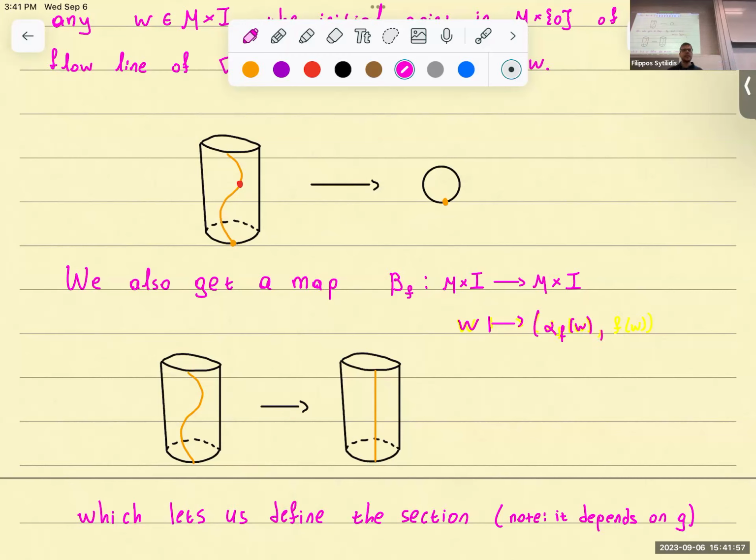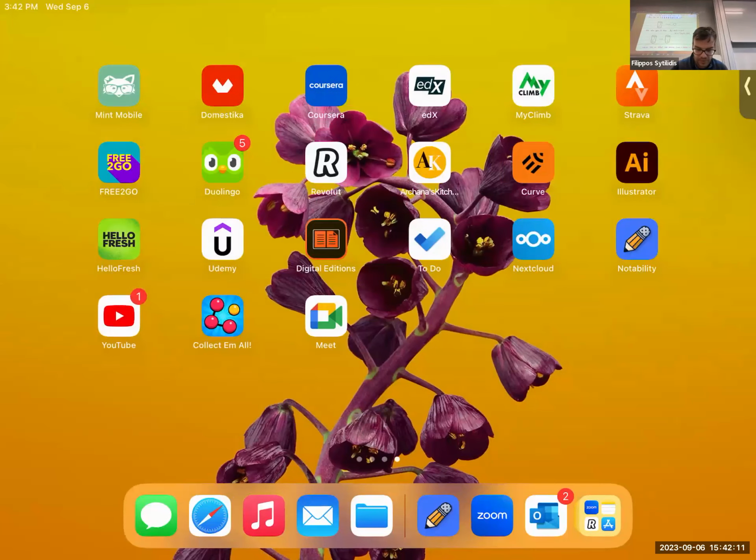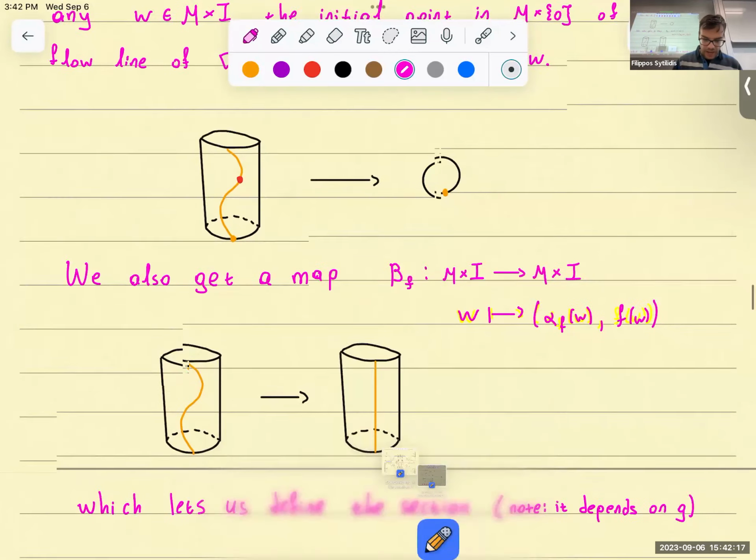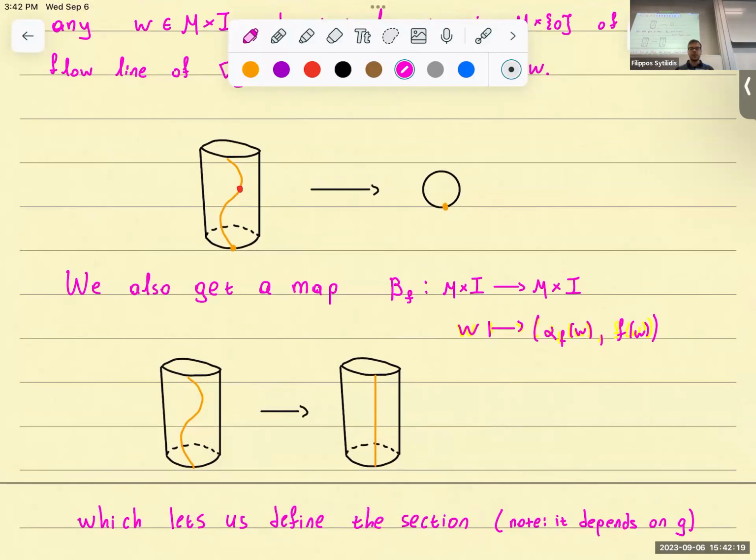And in the I direction, I just need to tell you what height to prescribe to point W. There is a reasonable notion of a height that I can prescribe, just F of W. That's my map, beta sub F.